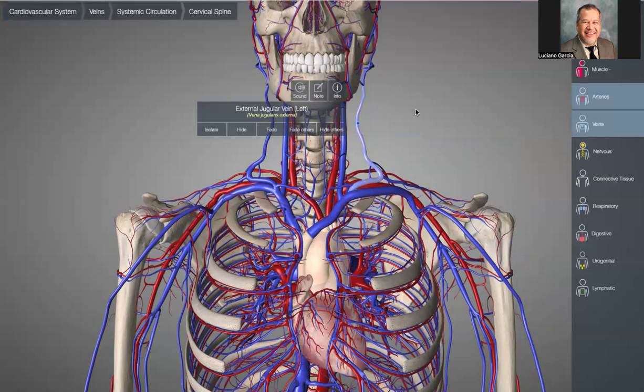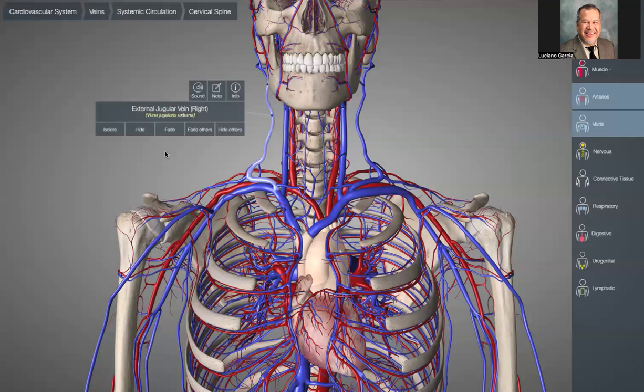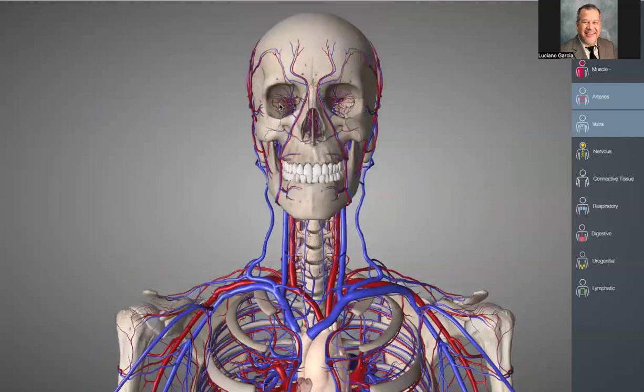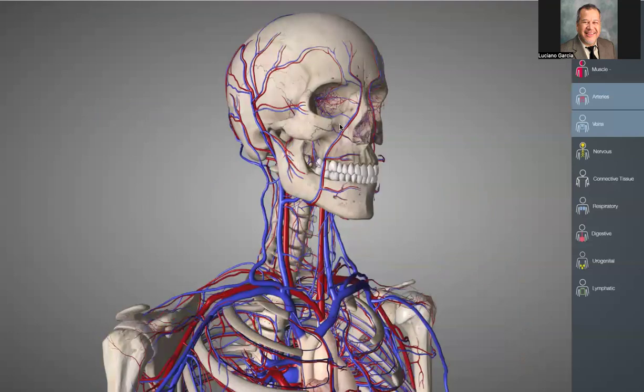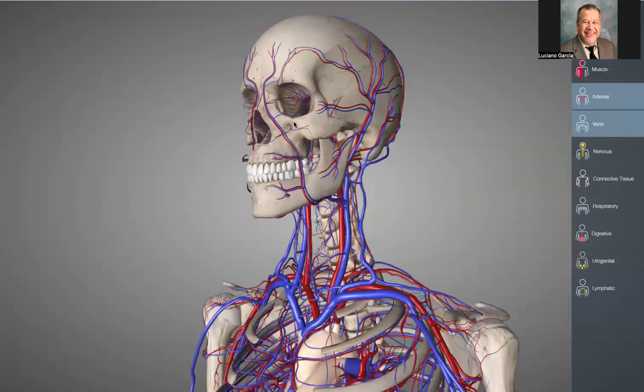Yep, by himself. And then the right external jugular vein by himself. But for the most part, you see an artery, you see a vein, even with the head here. In the head they're very paired, almost perfectly paired in the skull, artery and vein.